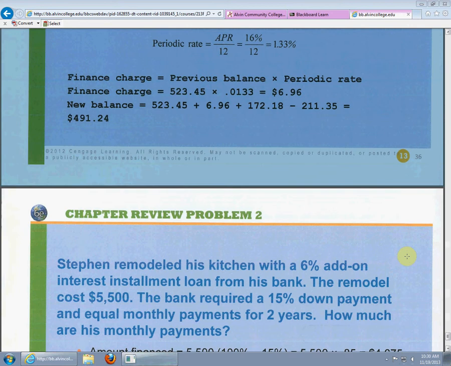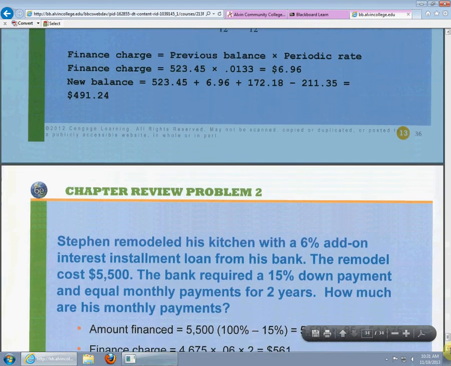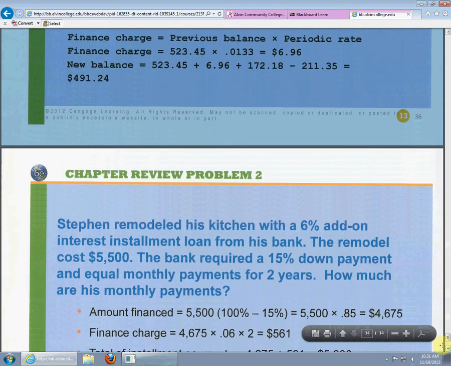Then we're going to get the add-on interest by using our principal times rate times time. So we're going to take our principal, $4,675, and we're going to multiply it times the percentage, which is 6% for 2 years for $561. And then we're going to find the total of the installment payments.